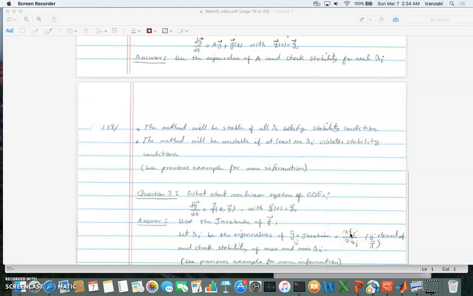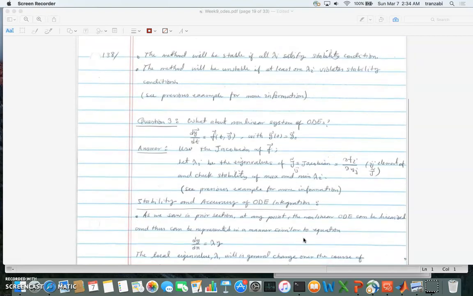For every element, we calculate the partial derivative of the ith element of f with respect to the jth element of y. This is a generic form of the element ij of the Jacobian. Once we find the Jacobian, we can go ahead and find the eigenvalues. All right, I think this explains how we can analyze the stability of the pendulum problem.